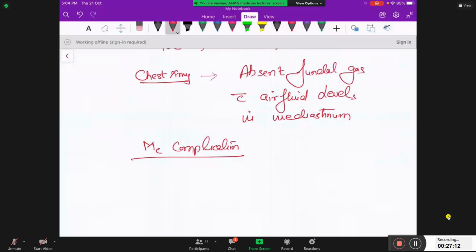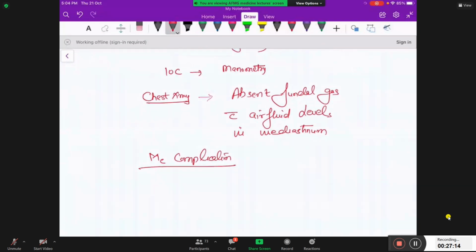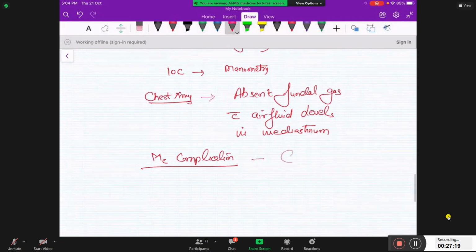And then comes the most common complication. The most common complication of achalasia cardia is, very good, esophagitis.